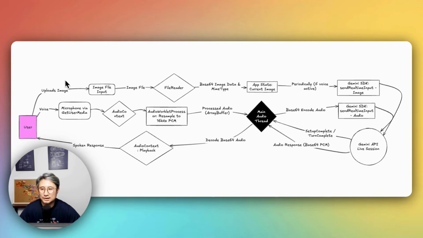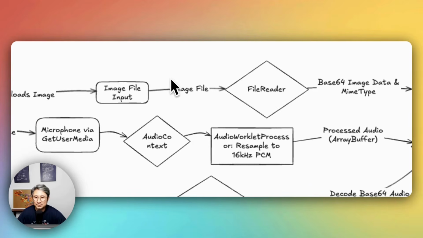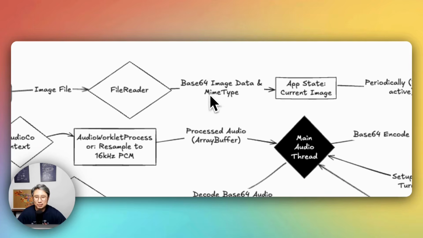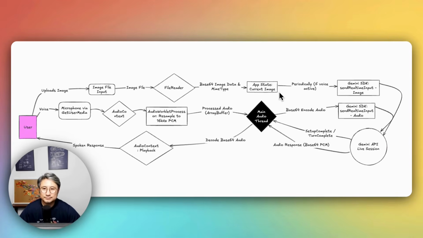About the image data flow, the uploaded images are read by the FileReader API. Their base64 encoded data and MIME type are stored locally for later processing.